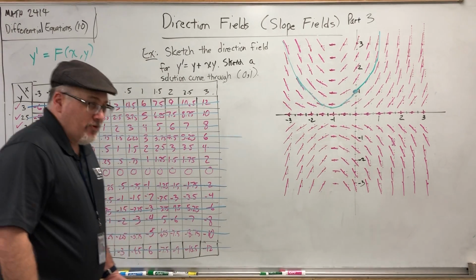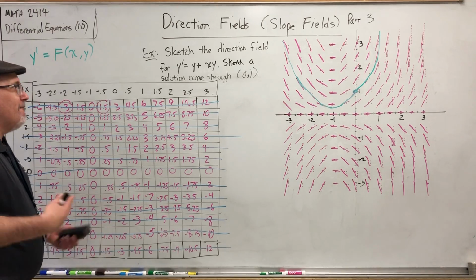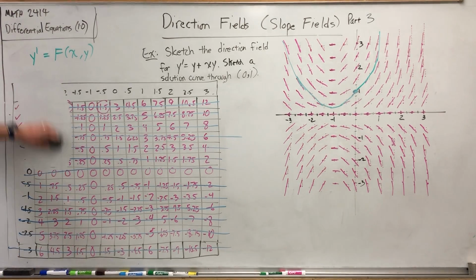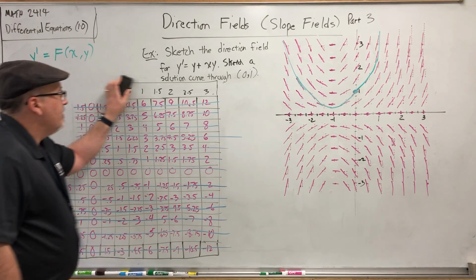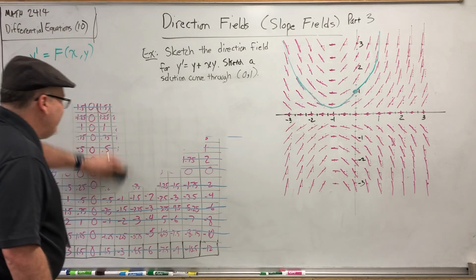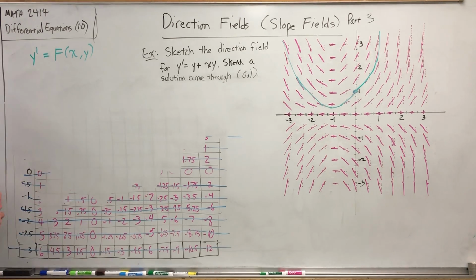Now, normally, the reason you do this is because you cannot find the solution to the differential equation, or it's difficult to find. However, I chose this particular differential equation because it is easy to solve, because it's separable.